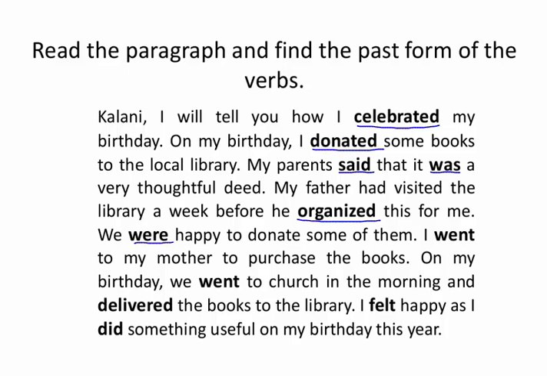I went to my mother to purchase the books. On my birthday, we went in the morning and delivered the books to the library. I felt happy as I did something useful on my birthday this year.